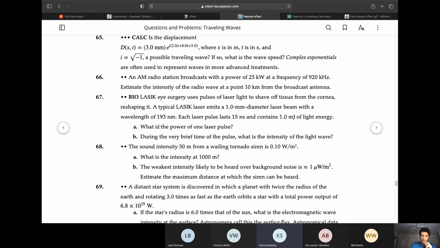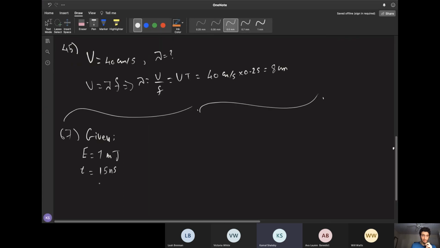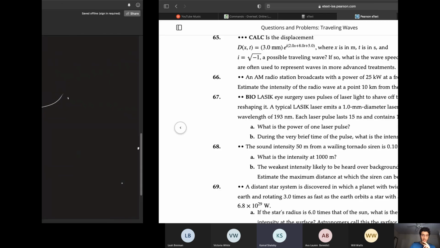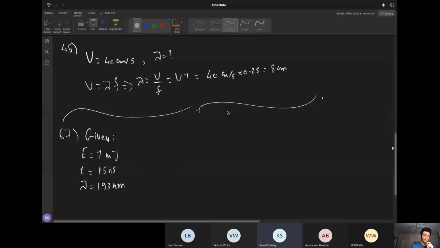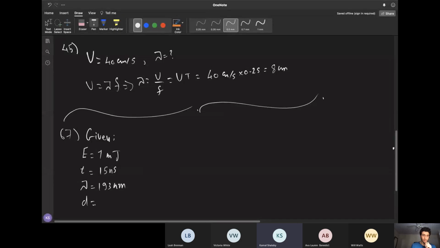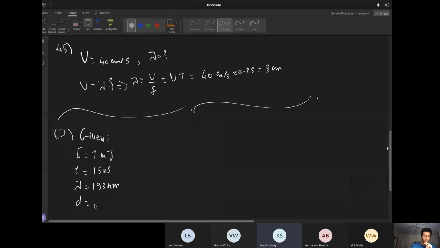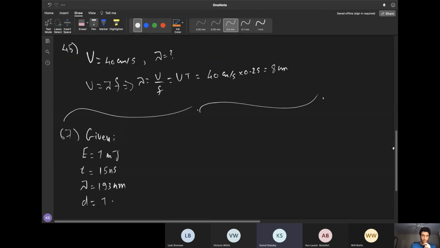And we have the wavelength lambda is equal to 193 nanometers. The diameter is equal to 1 millimeter. So the question asks, what is P equal to? So how to find P?